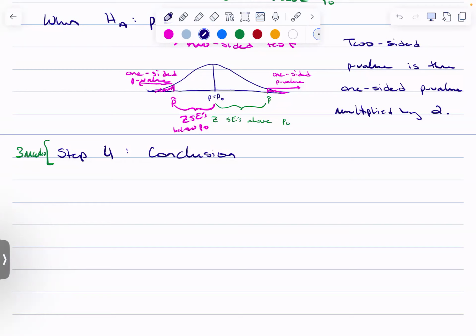All right, so your conclusion. We need our p-value because it helps us communicate how likely, or rather unlikely, H naught is.